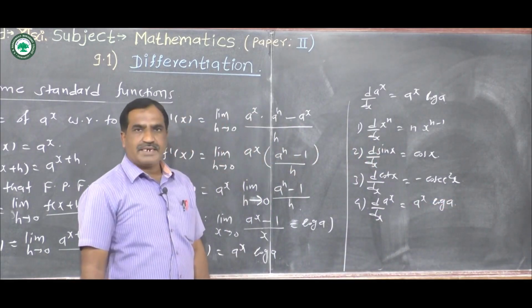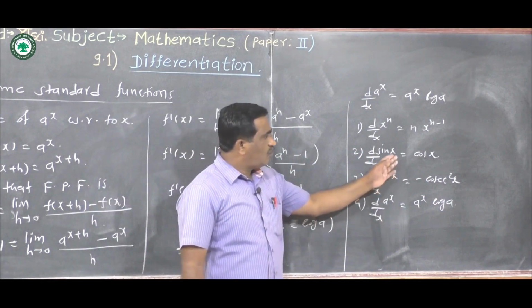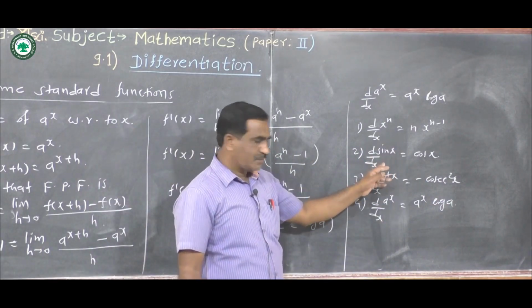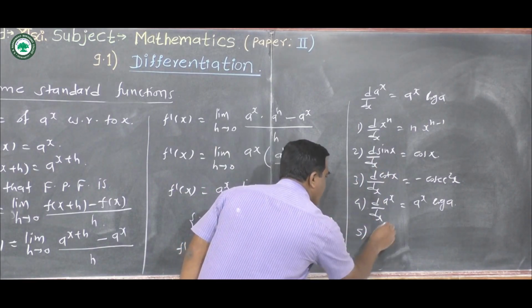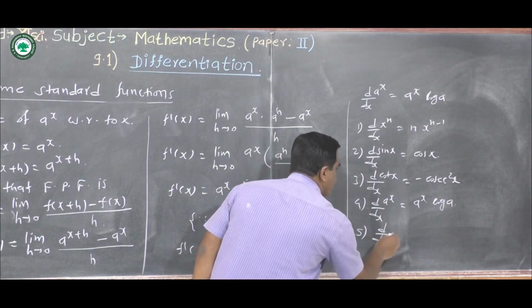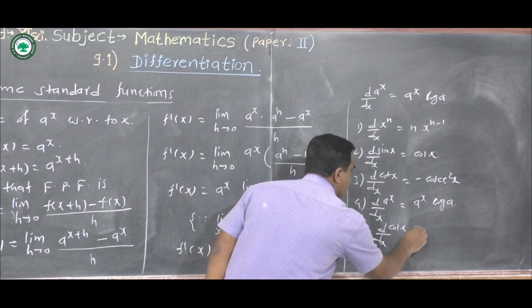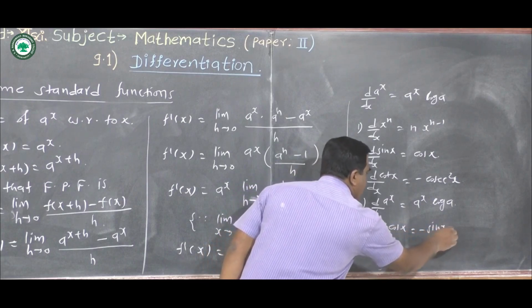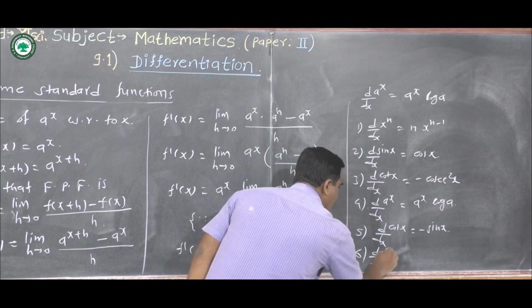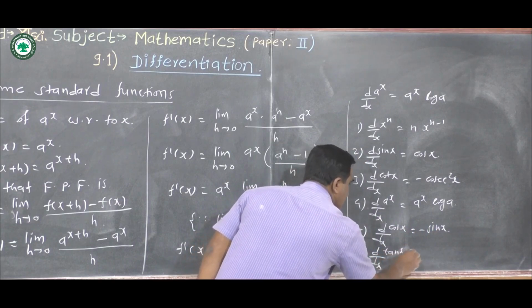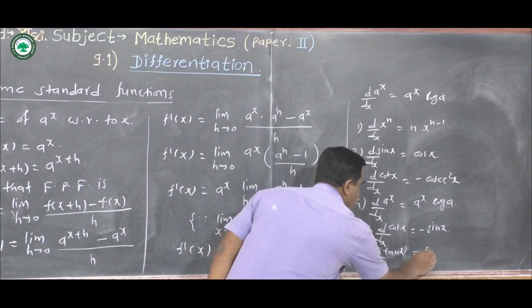Similarly, we can prove the derivatives of the remaining trigonometric functions. Number 5, dy dx of cos x is equal to minus sin x. Number 6, dy dx of tan x is equal to sec square x.